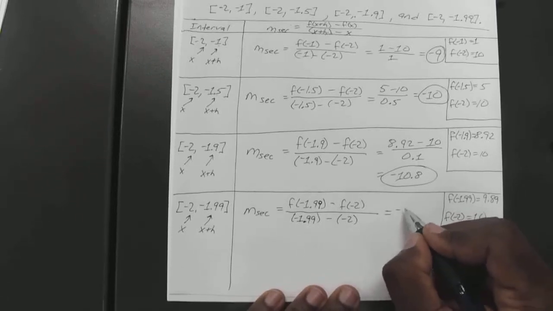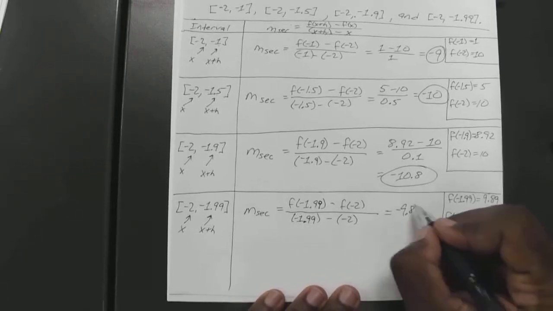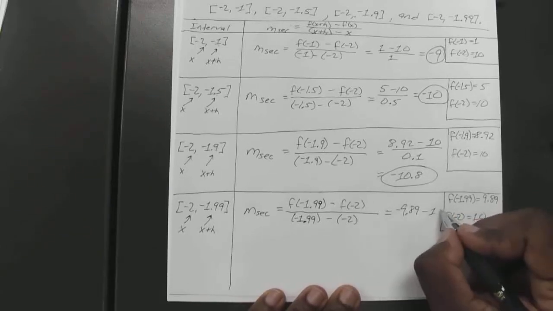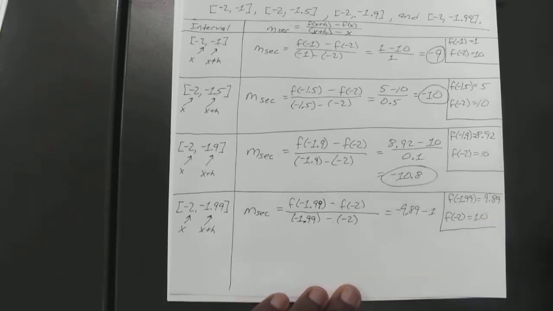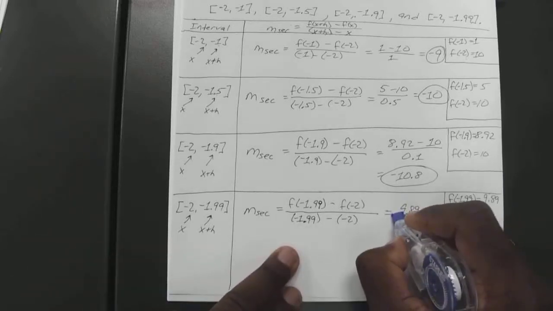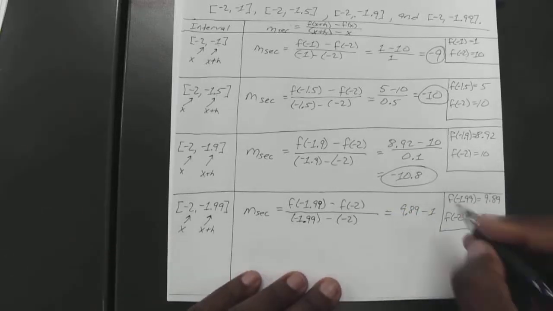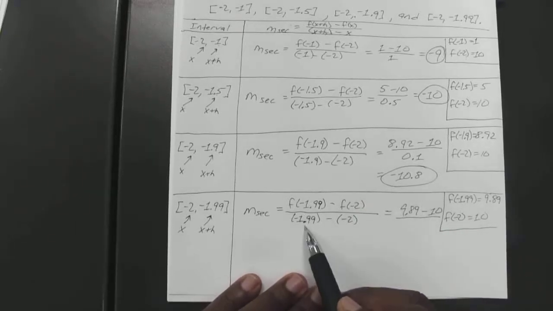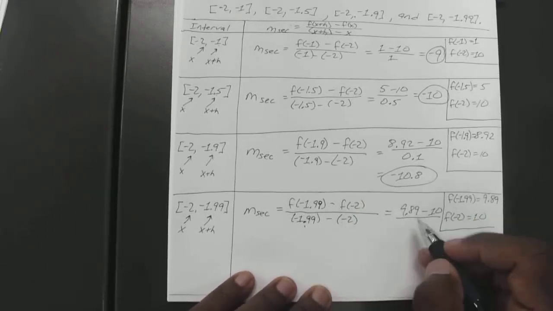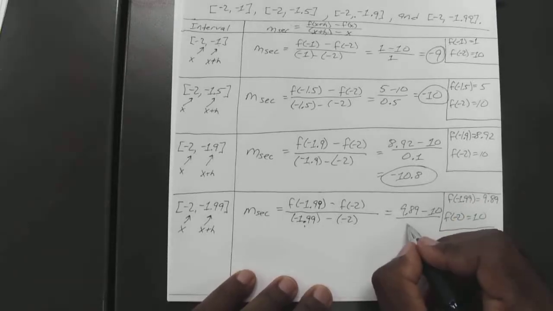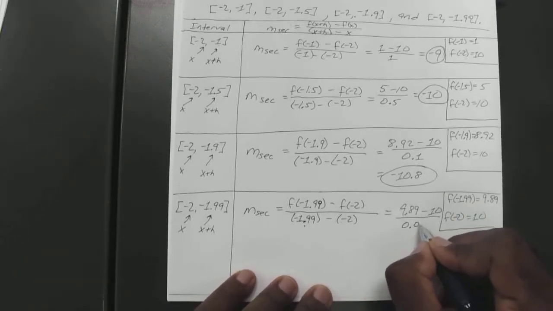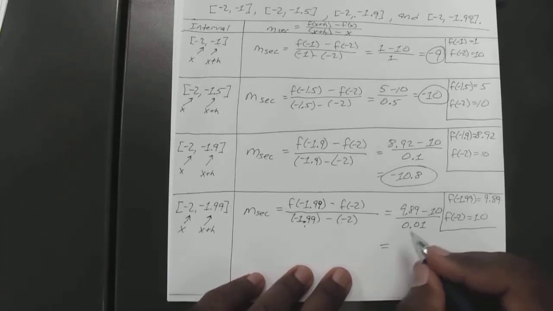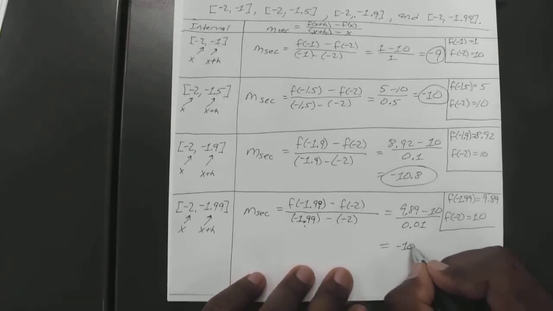So that's 9.89 minus 10 all over negative 1.99 plus 2, which is 0.01. Which is equal to negative 10.98.